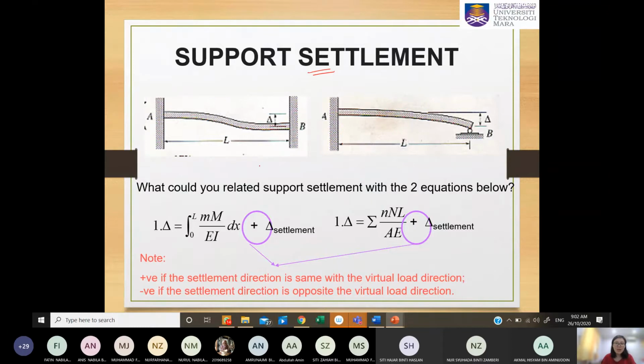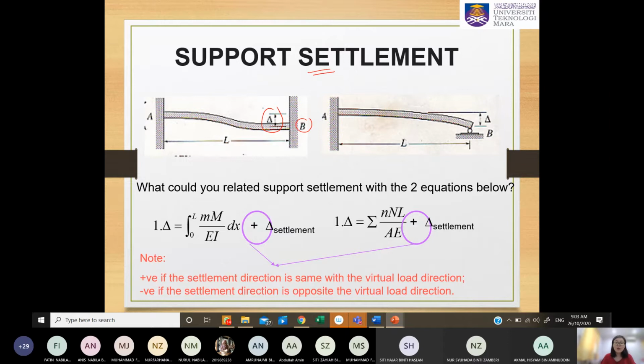When you have a support settlement, for example A and B are fixed, and then at B the support has settled. It is normally due to the performance of the soil, and the whole column may settle by some magnitude, and your beam supported by the column will also have this deflection.